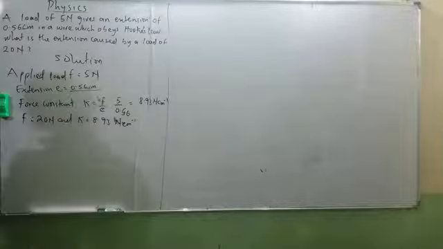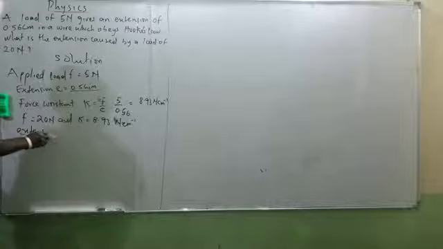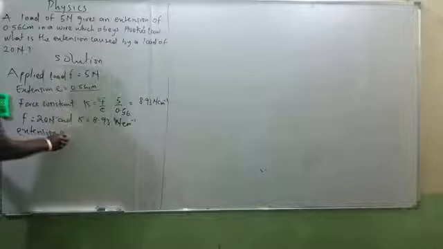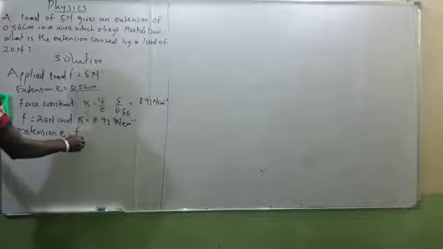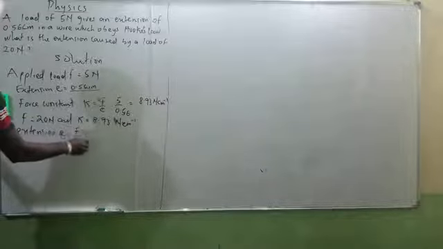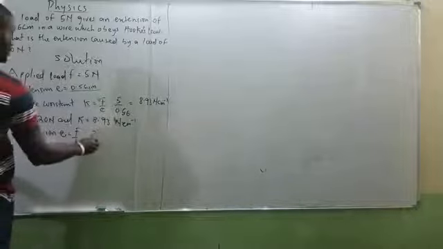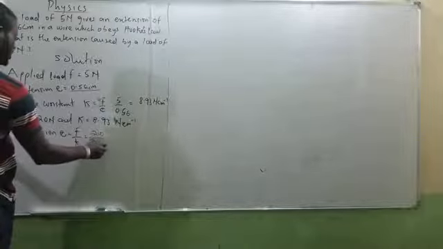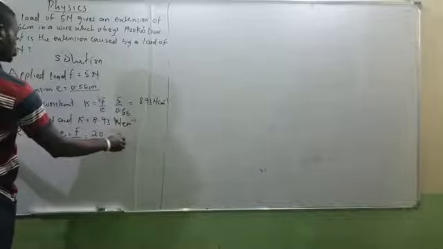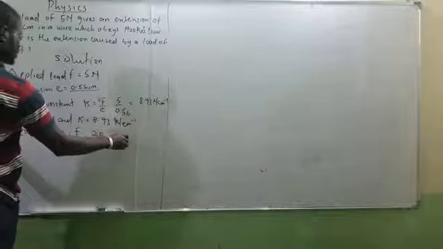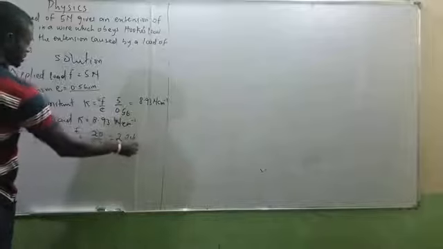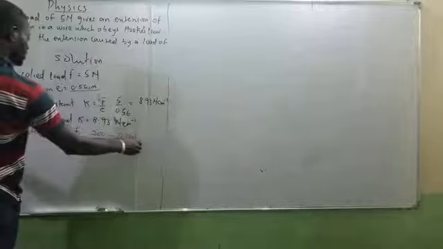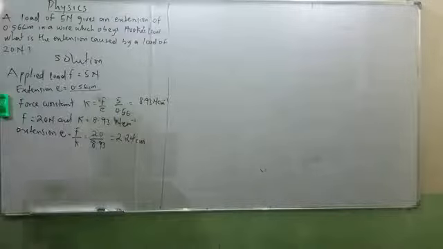Which means my extension, which is going to be E, will be F all over K, which is 20 divided by 8.93, which gives 2 centimeter. Yes, that is all about that.